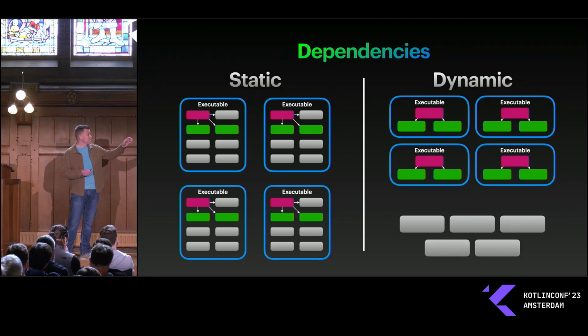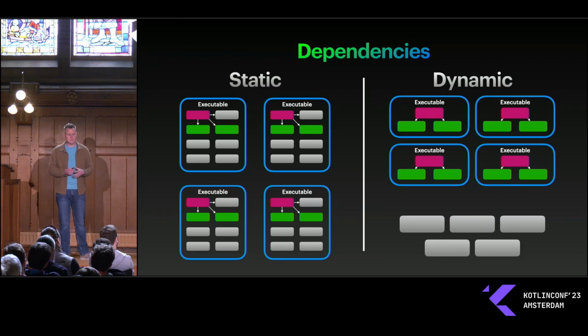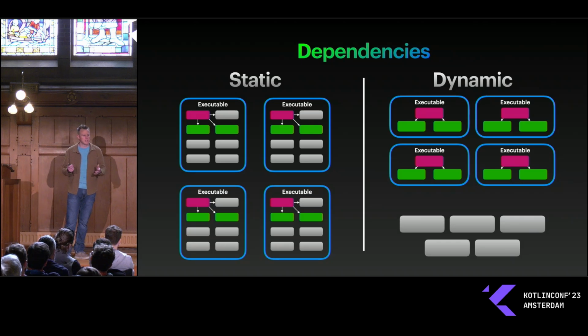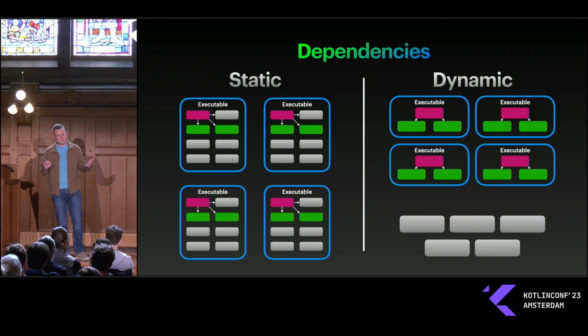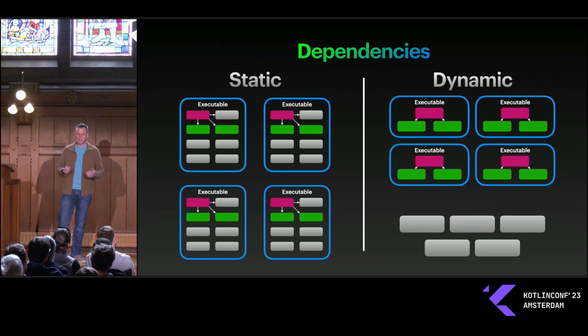Whereas on the dynamic side, those are shared dependencies. Incidentally, for the Android developers in the room, this is similar to what Google Play does with AndroidX dependencies, where Google Play doesn't need to ship, I don't know, the view model package or AndroidX activity with every application. It can be shared on the system.